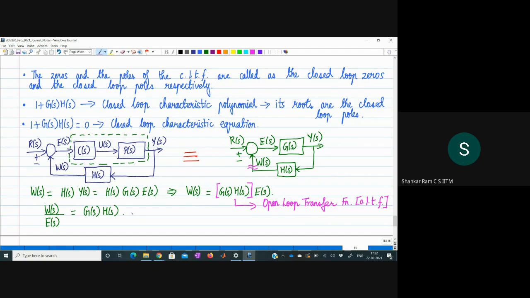Now the poles and zeros of G of S and H of S are called open loop poles and open loop zeros respectively.